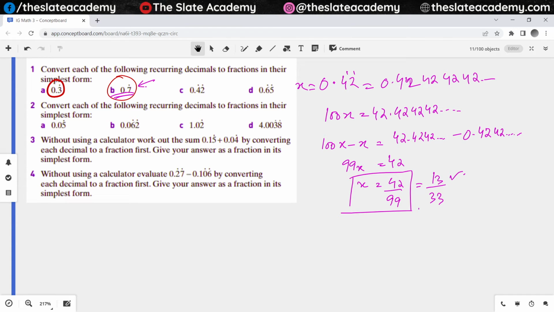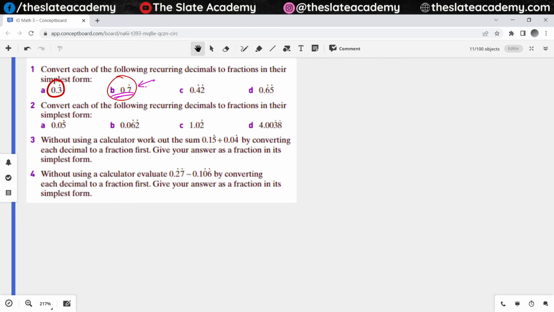So the simplest way to remember for these questions is we have to get rid of the recurring digit. The easiest way to get rid of the recurring digit is that in one of the two equations you have a recurring digit, and in the other equation, you are one step ahead of it.